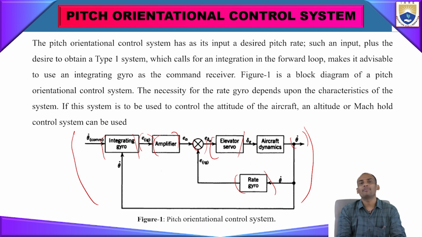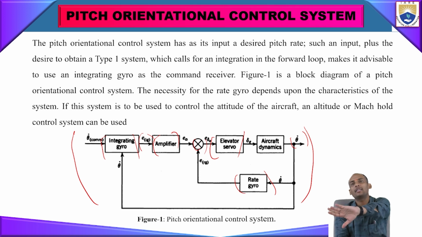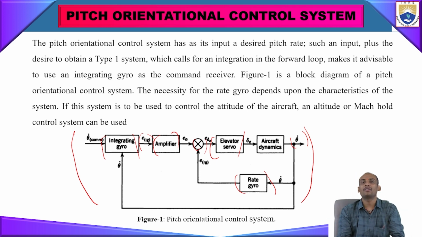The pitch orientation control system has an input of desired pitch rate. If you are giving elevator and flap deflection, and you want to get the desired pitch rate, such an input is used to obtain a type 1 system.